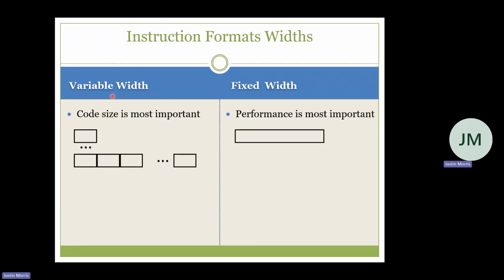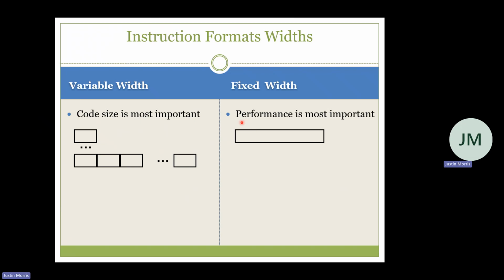There could be variable width instructions where it's not fixed 32 bits. This can be used for applications where code size is very important. This is not really a problem nowadays because storage is very cheap, right? So code size is almost never a problem, even on things like our phones.